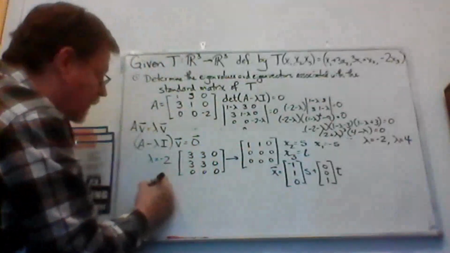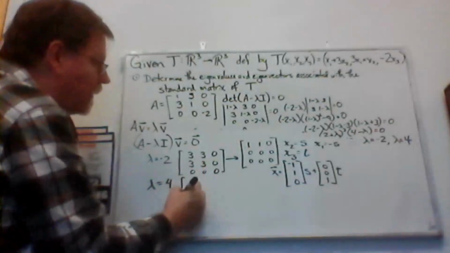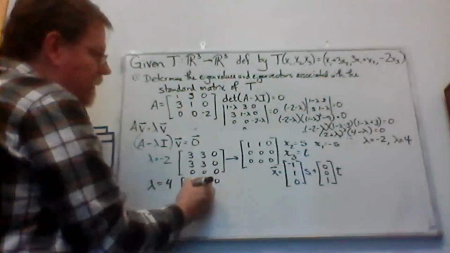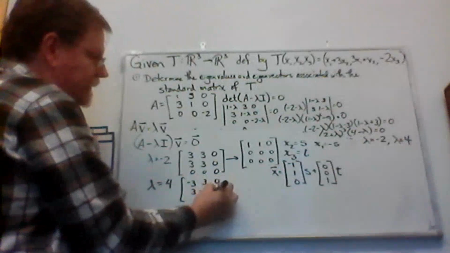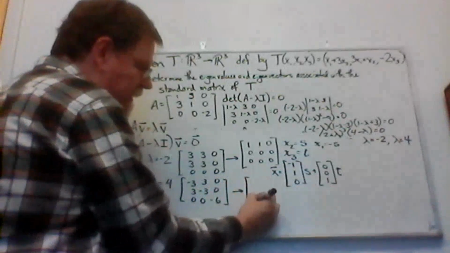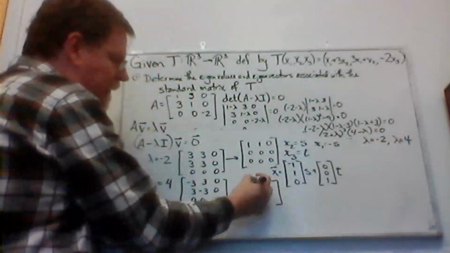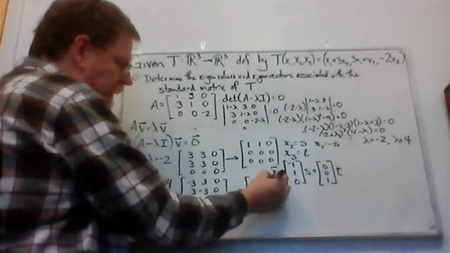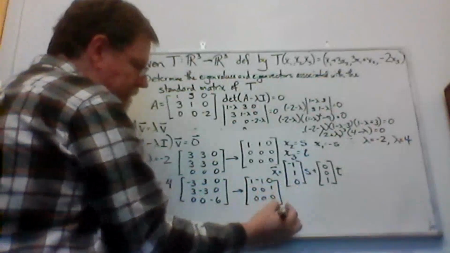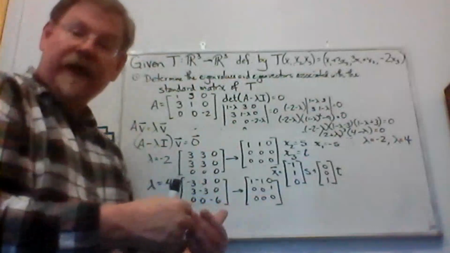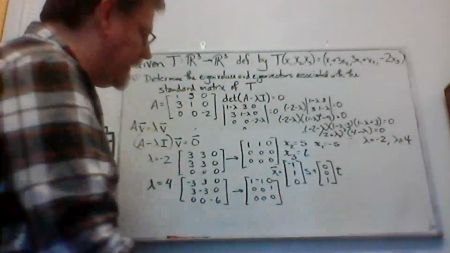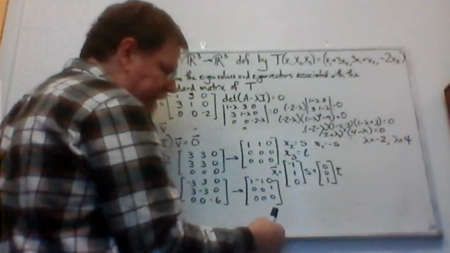If we look at lambda equals 4, we plug 4 in for lambda. We've got -3, 3, 0, 3, -3, 0, and 0, 0, -6. We reduce that and we get 1, -1, 0, and 0, 0, 1, 0, 0, 0. Now we only have one column that doesn't have a leading 1.